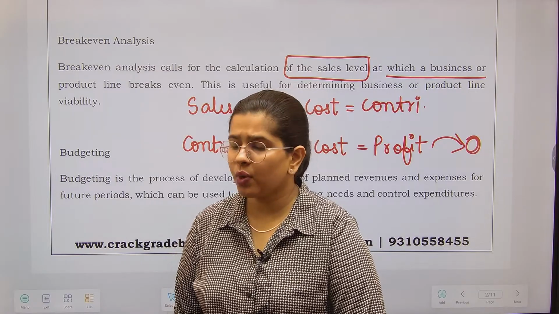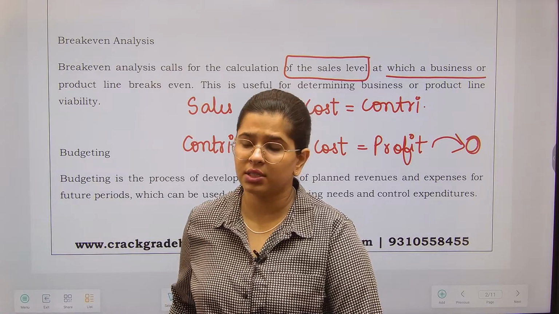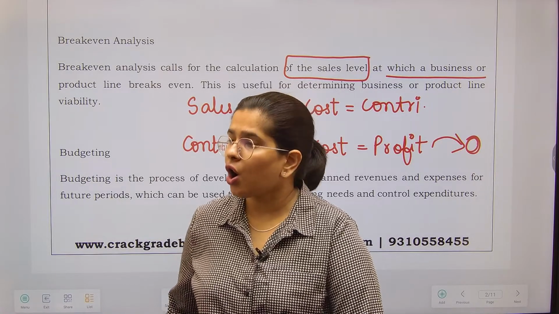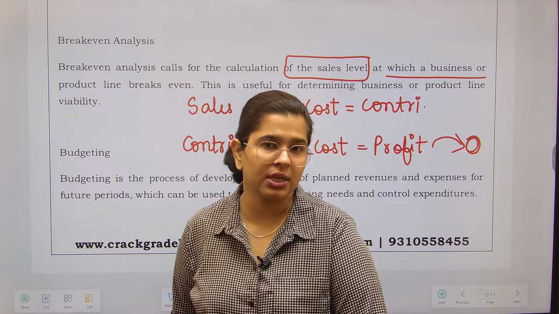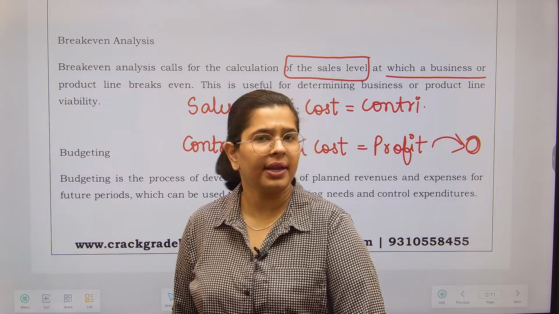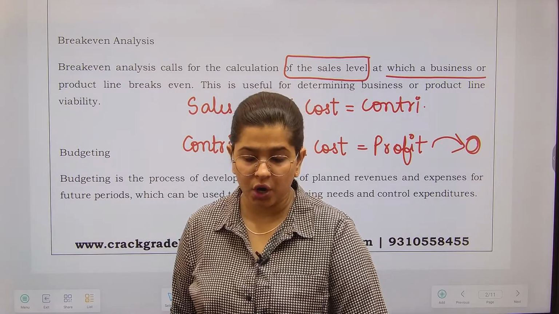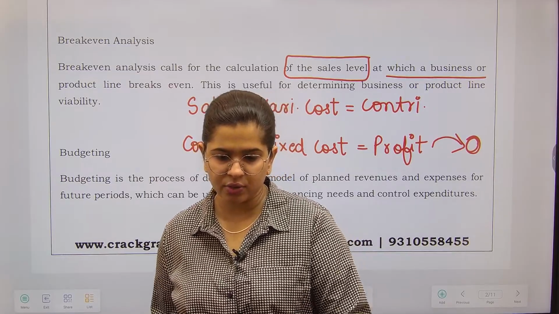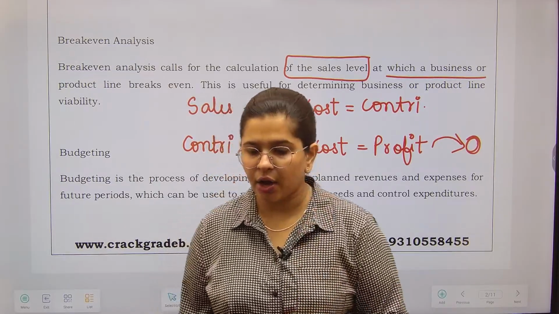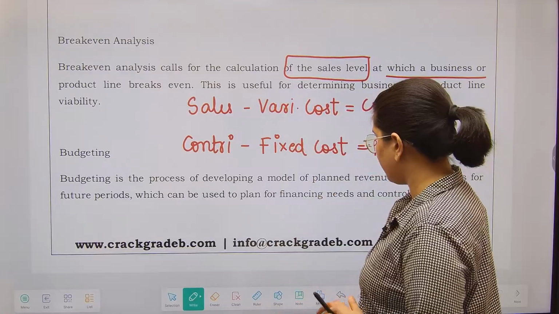Whether you are producing 1000 tons or 2000 tons, the rent is going to remain the same. So it is called the fixed cost. Now let's talk about the budgets.